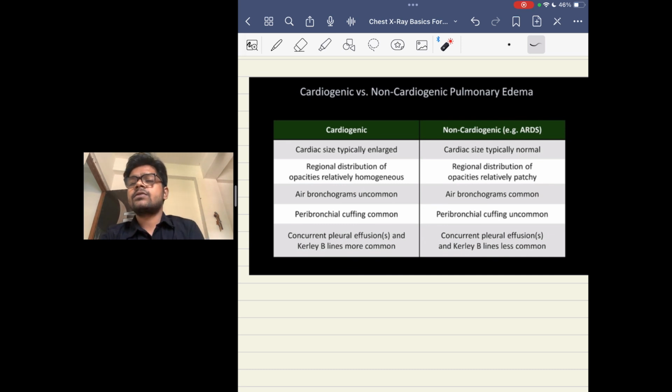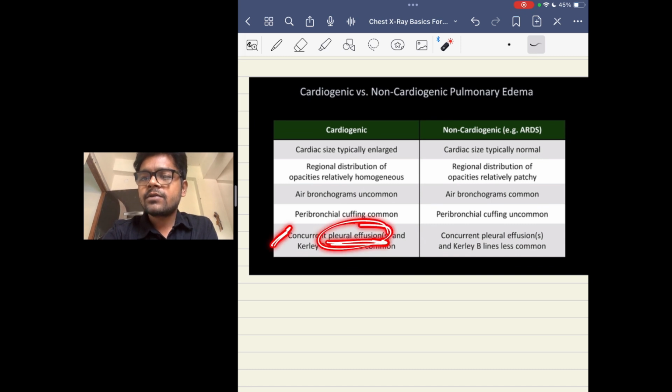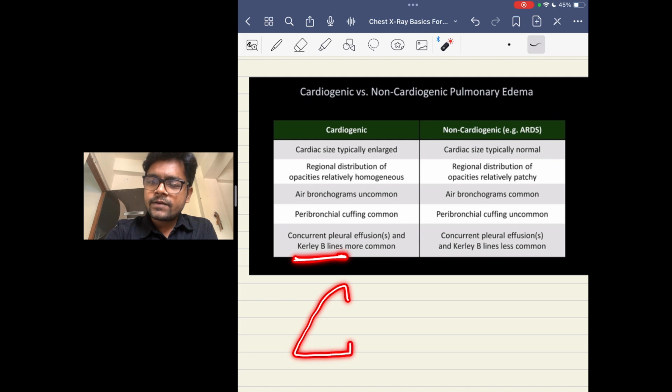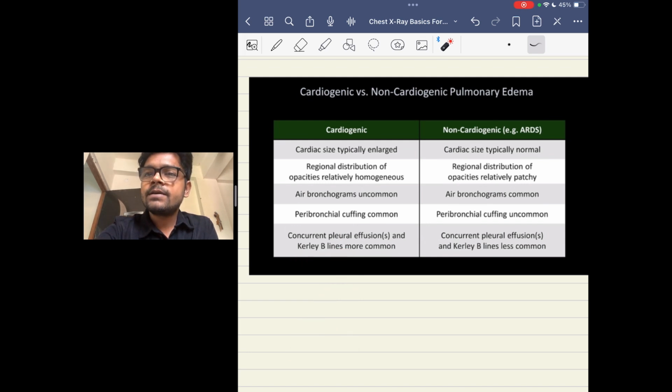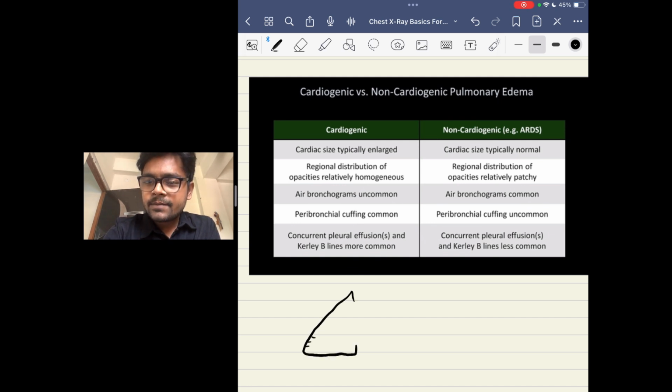Another important thing to note is, since it is a heart failure, there is hydrostatic pressure everywhere. So there will be bilateral pleural effusion and curly B lines. If you zoom in on the X-ray and look very closely, there will be some perpendicular lines, which are interstitial edema seen from the periphery. Very minute, thin opacities. These are your curly B lines.